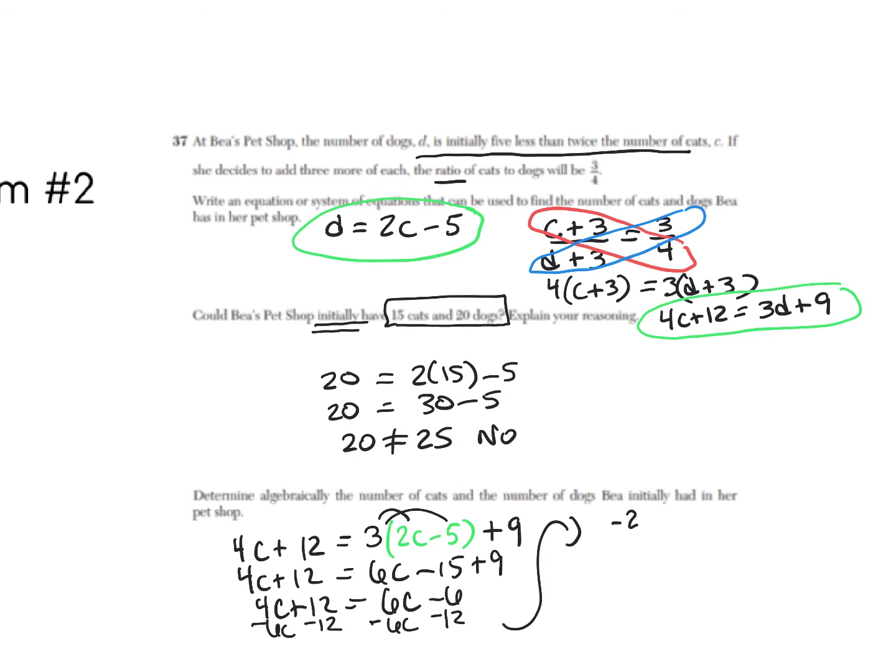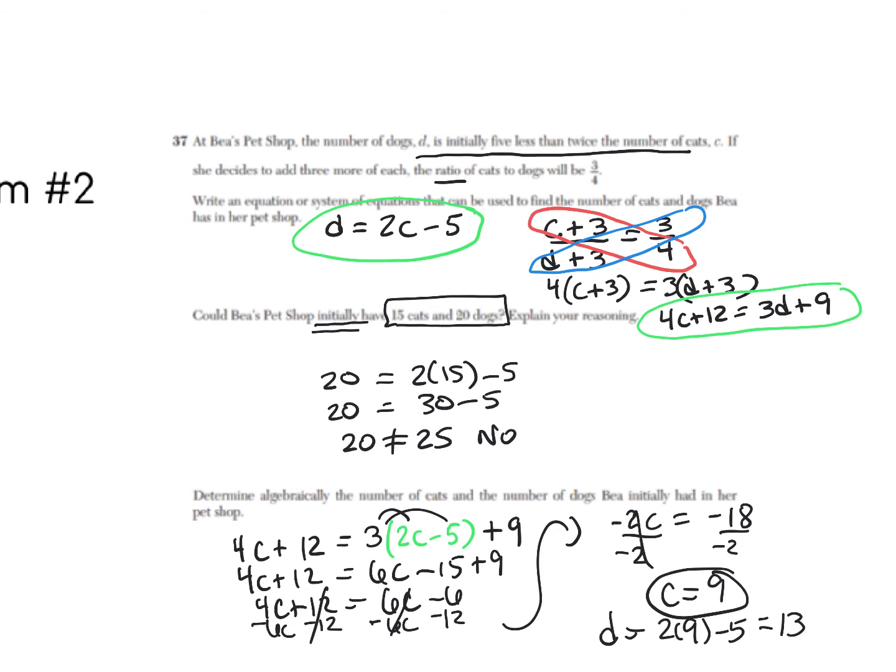I'll have negative 2c right here. These cancel, equals negative 18. Divide both sides by negative 2. Cats equal 9. Dogs are 2 times the cats minus 5, so dogs equal 2 times 9 minus 5, so 13 dogs.